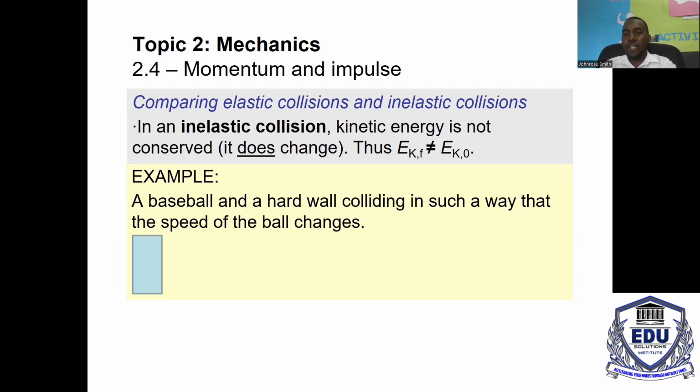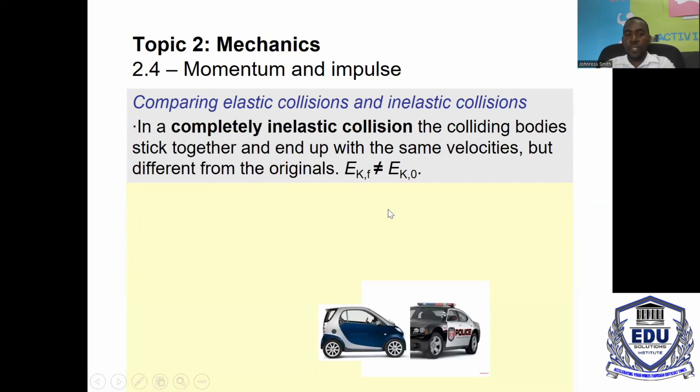And remember, kinetic energy is based on motion. Because it's losing motion, the kinetic energy is going to be less. That means some of the energy is lost, could be due to sound, could be due to heat, and those energy forms will take it away. So the kinetic energy is not the same before as it was after the collision.